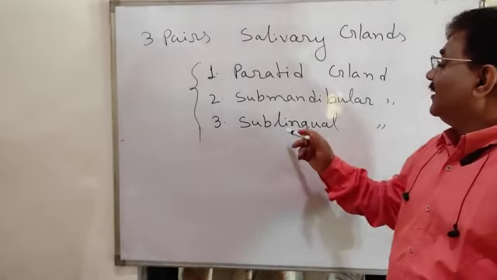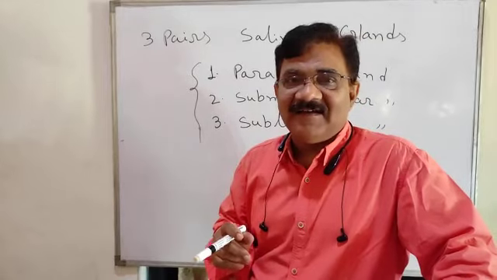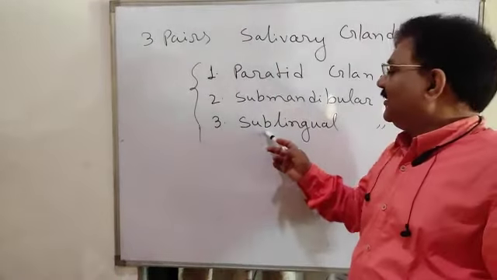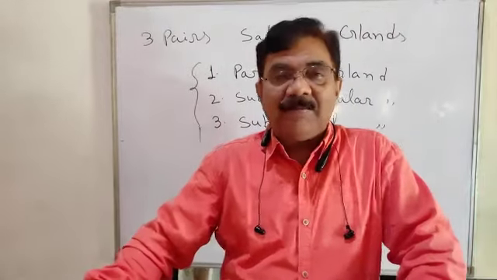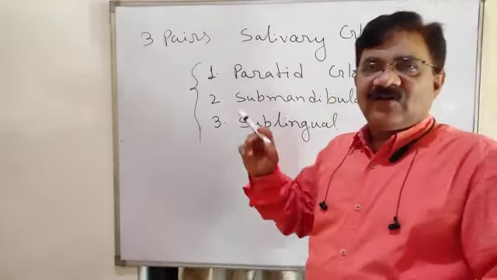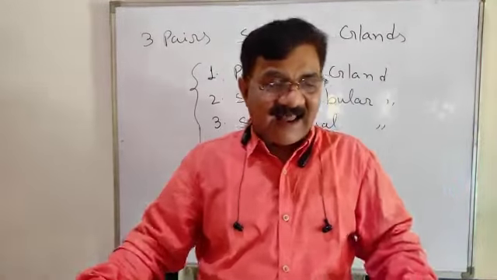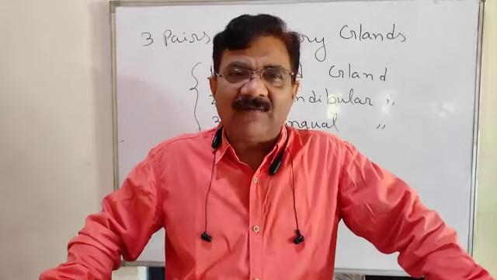And sublingual: lingual means language, so naturally it is below the tongue. The tongue helps in speaking, and just below the tongue is the sublingual gland. So these are the salivary glands, and they release saliva inside our mouth.